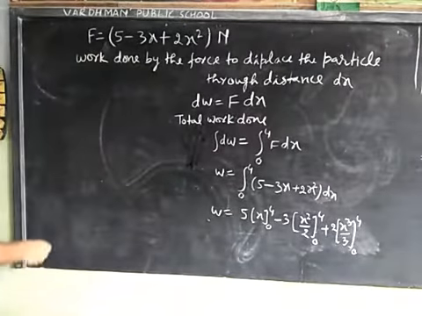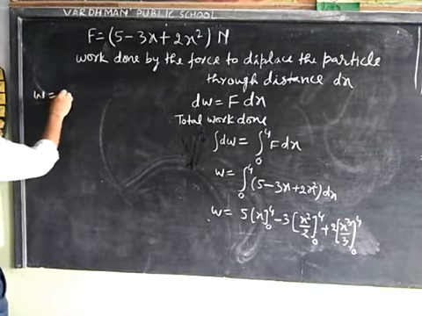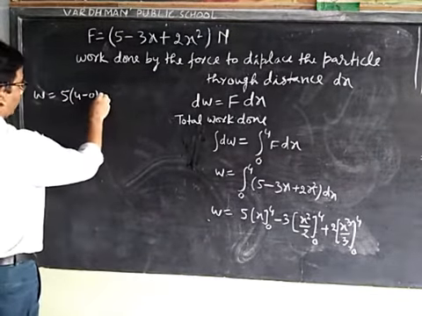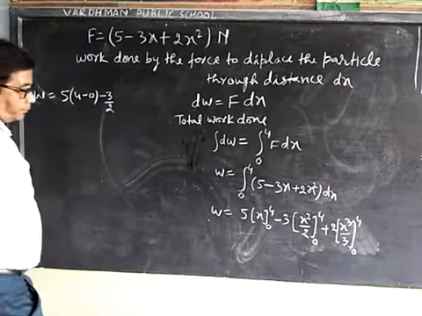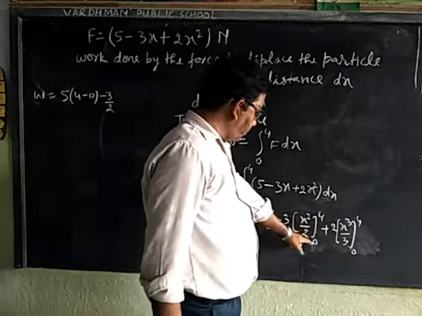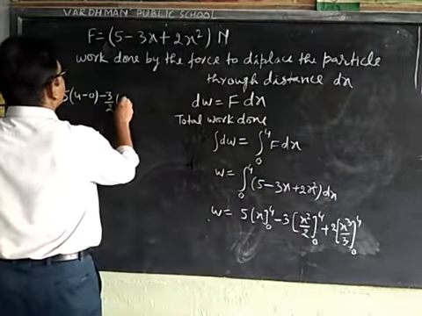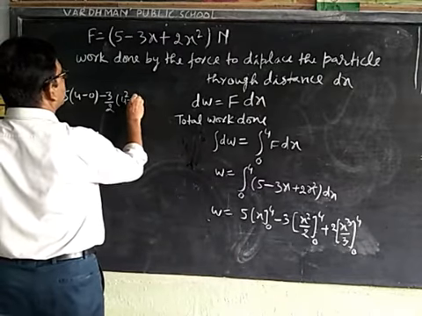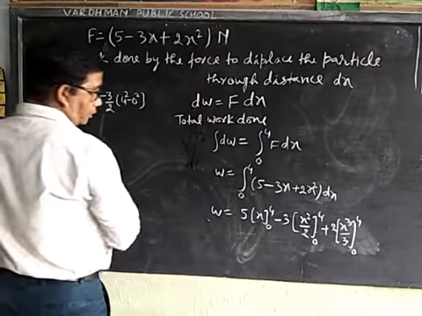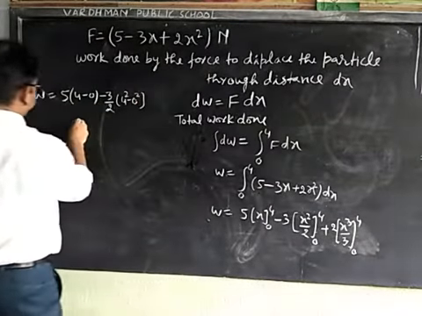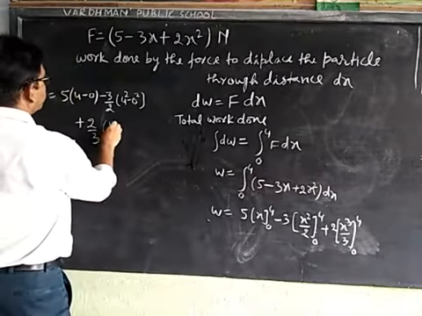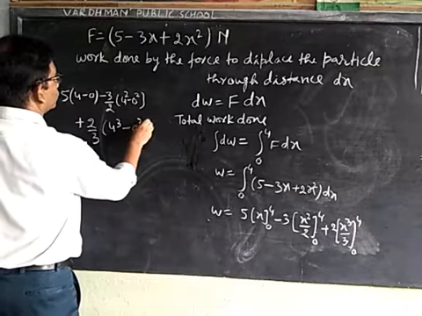Thus we get W is equal to 5 into 4 minus 0, minus 3 upon 2. In place of x square we will write 4 square minus 0 square, plus 2 upon 3, 4 cube minus 0 cube.